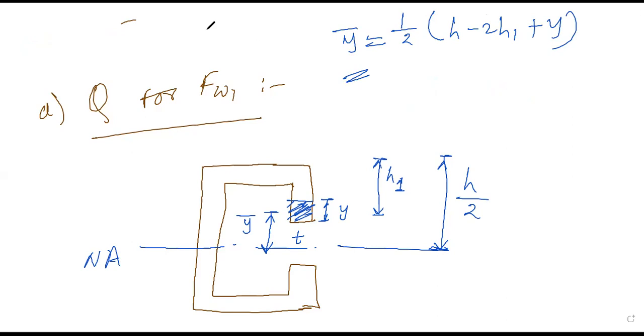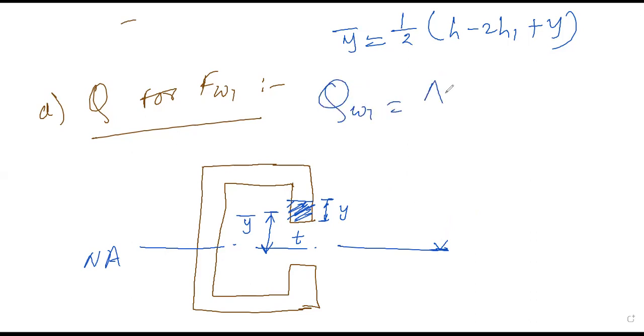So next line, QW1, A Y bar is equal to T into Y into Y bar, half into (H minus 2H1 plus Y).